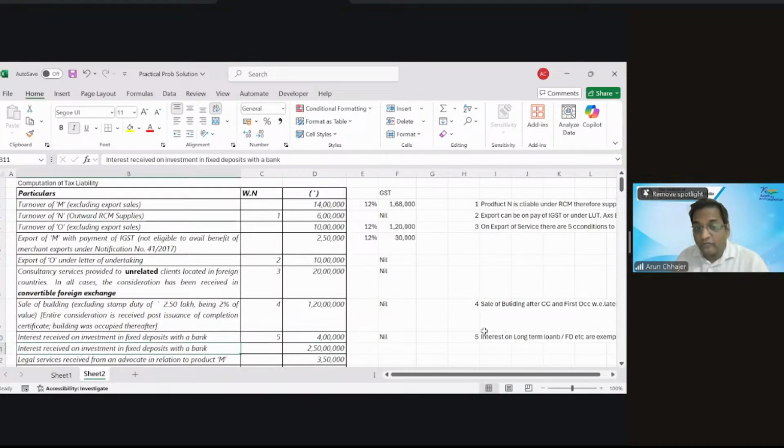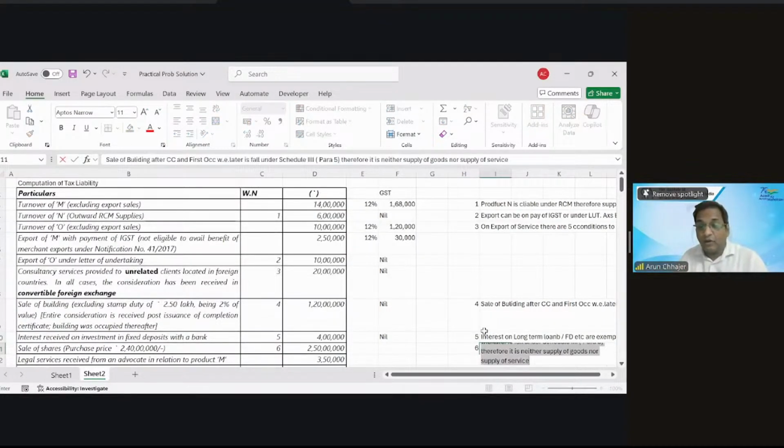Sale of shares. Will it be liable to GST? You have already clarified. Same. Sale of shares is neither goods nor services and hence not liable for GST.